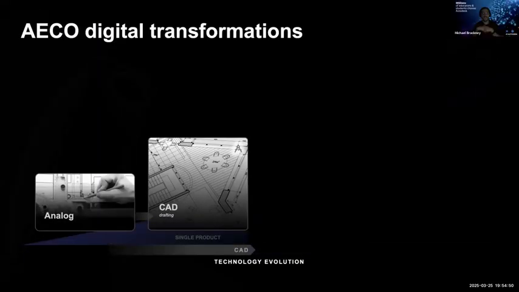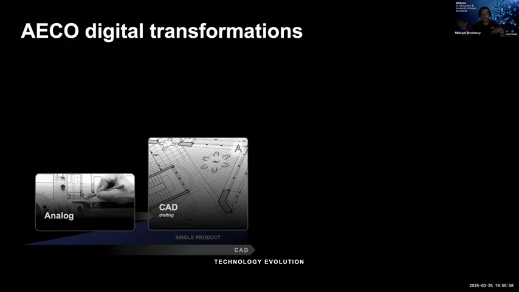Okay, great. So yeah, just a little bit of history for us, from the architecture to we started in AutoCAD to where we are today. Before CAD, it was analog, right? I don't know if you guys have seen that photo of like 40 architects in a room leaning over and drawing on their Mylar drawings and everything. And that is a day of the past where we're sitting behind our computers using AutoCAD.